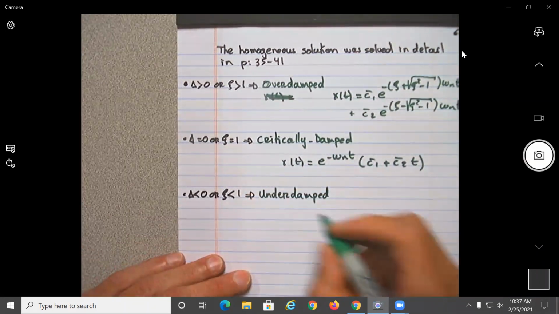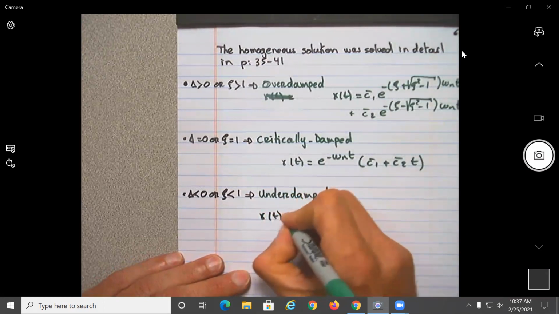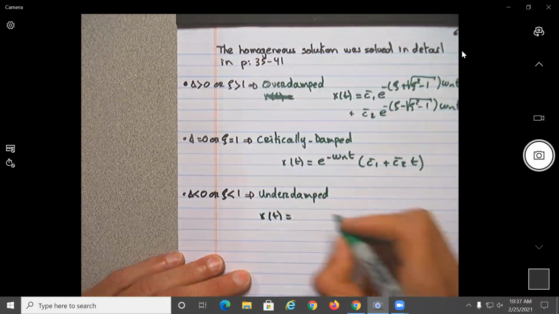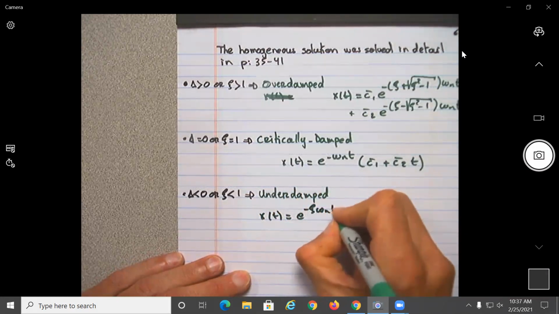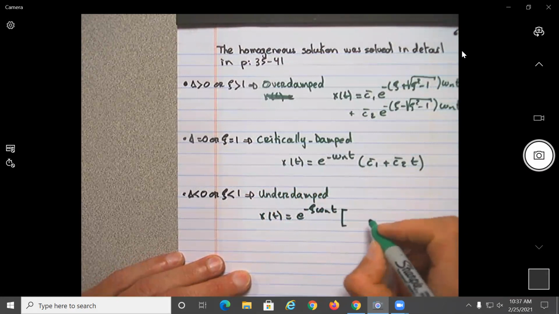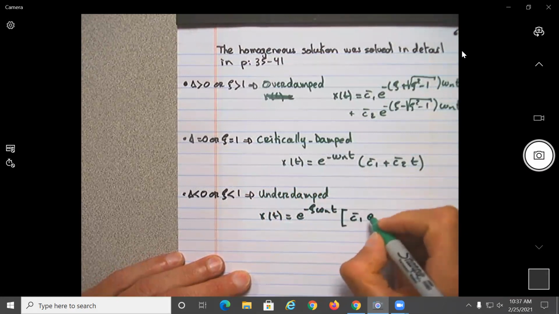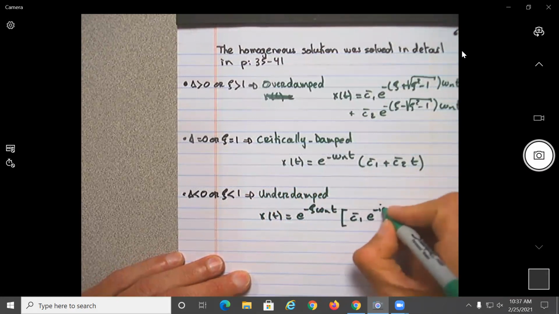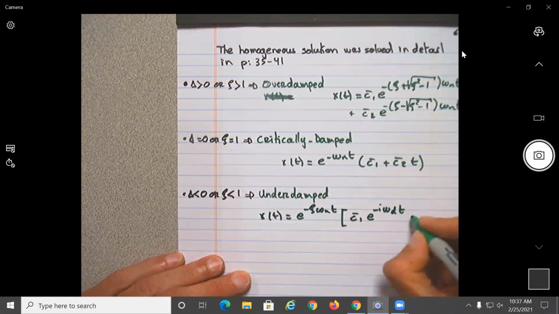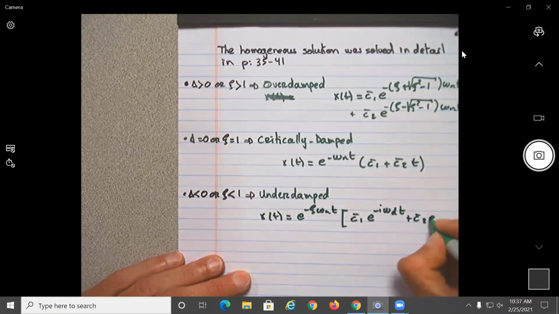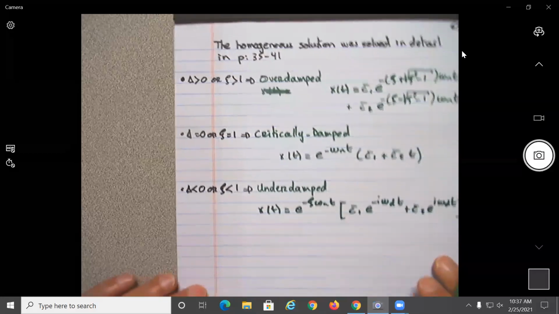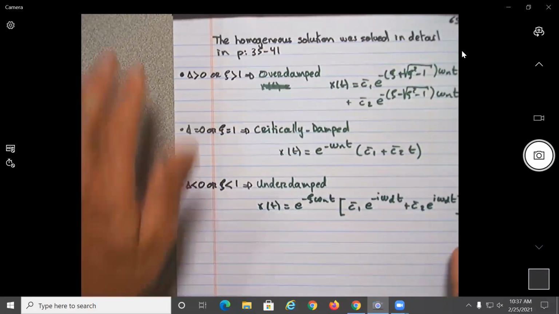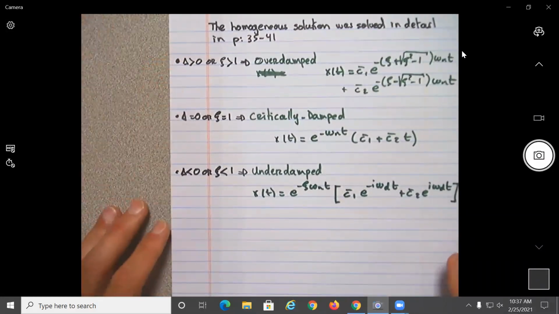In that case, the simplified notation was x of t equal to exponential of minus omega n t times c bar 1 e to minus i omega d t plus c bar 2 e to positive i omega d t. Okay, you had all this stuff in the notes, I just summarized it over here.